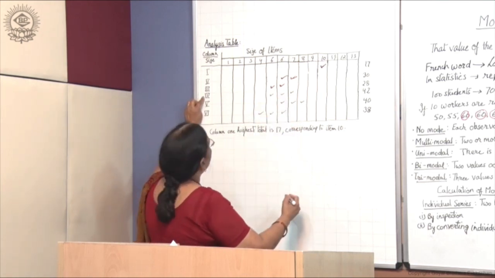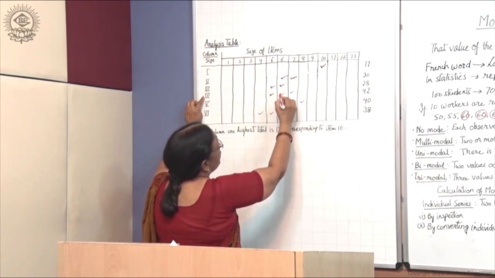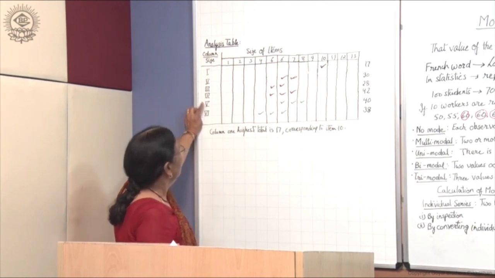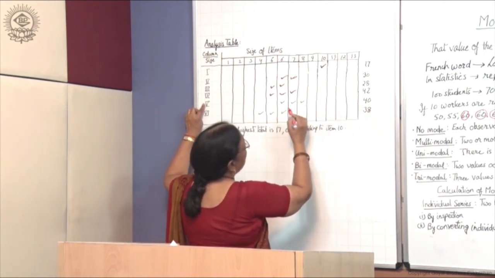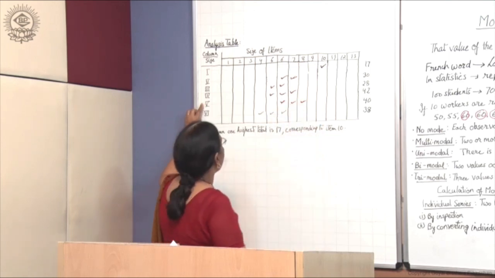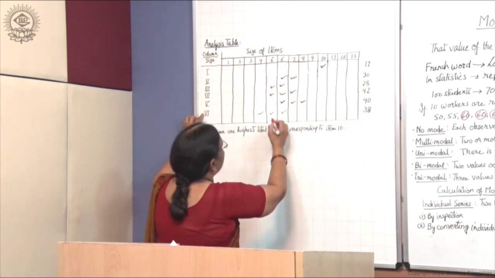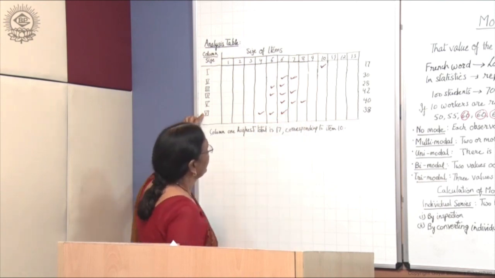Fourth one, this is 42, the highest frequency, corresponding items were 5, 6 and 7. Then fifth column, highest was 40, corresponding items were 6, 7 and 8. Then the last one, 38 was highest, items were 4, 5 and 6, right.